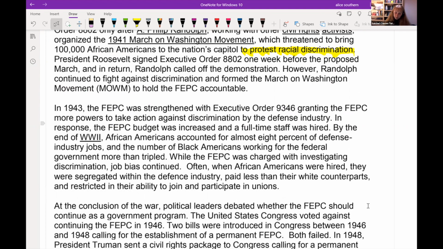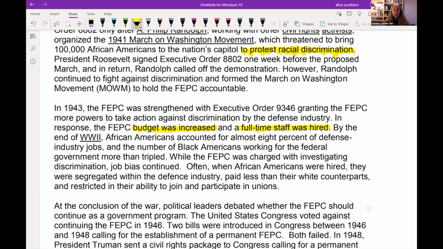So they have powers from 1943 to take action against discrimination by the defense industry. So that's to do with the war, all right? So if African Americans are treated differently in the army, then this body will look into that as well. The budget is increased, so more government spending on here, and a full-time staff is hired. So they are taking it seriously, okay?